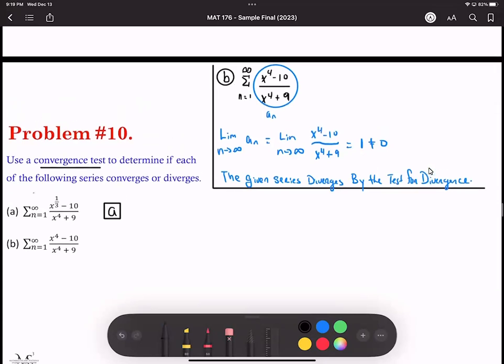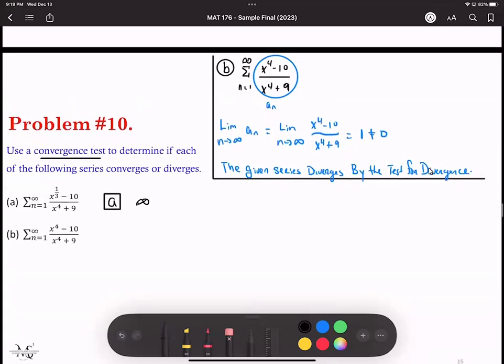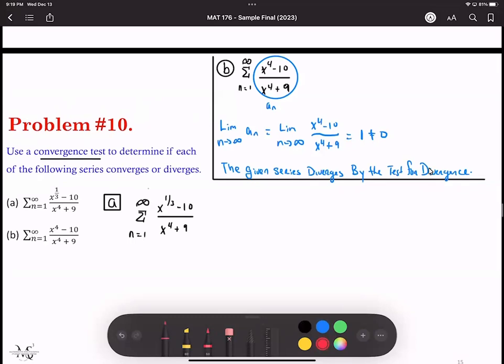Now, for part A, I'm just rewriting the given series, right? So n equals 1 to infinity of x to the 1/3 minus 10 over x to the 4 plus 9. Again, that's our given series. Now, I want to make a comparison series. We will make a comparison series by just ignoring the constants and looking at the ratio of the variable terms.